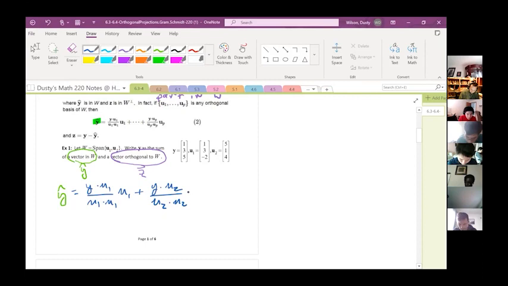We were playing U2 music before, so this should feel comfortable to you. And we've got that our Z vector is equal to the Y vector minus the Y hat vector. So there's our formulas.